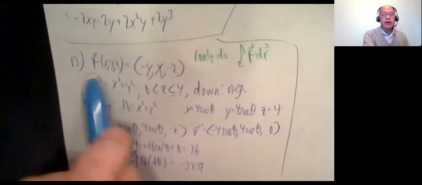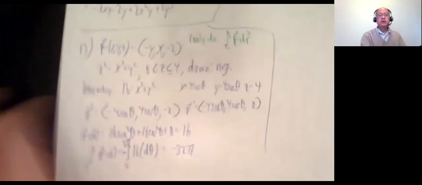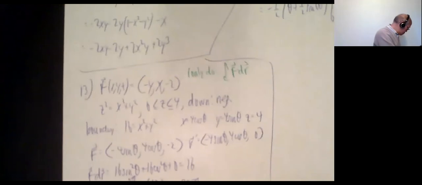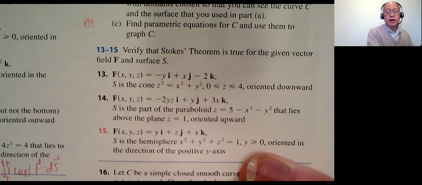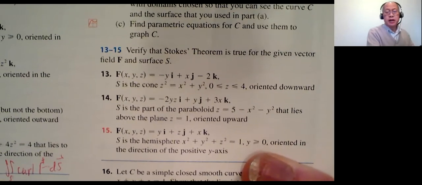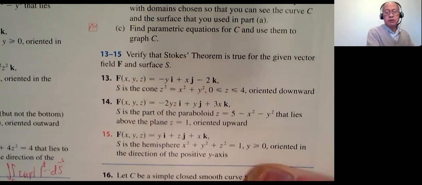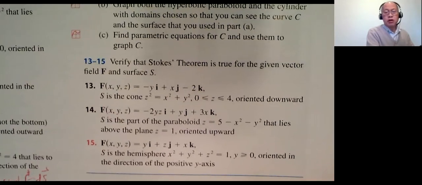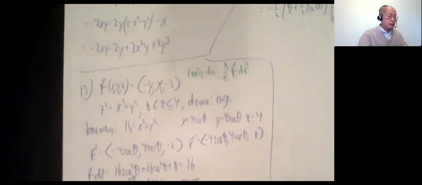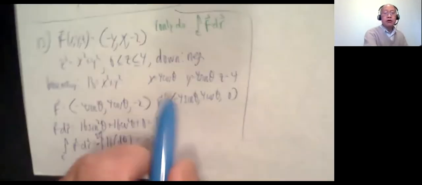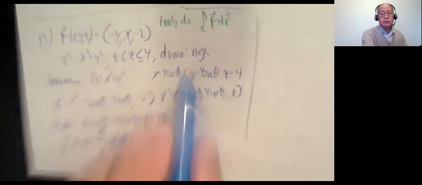Capital F of x, y, z is negative y, x, and negative 2. S is the cone, z squared equals x squared plus y squared, z between 0 and 4, oriented downward. Oriented downward means negative, because positive is up.